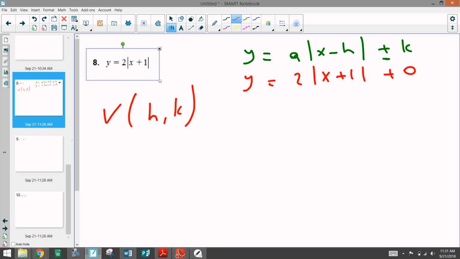So h, here you go. H is this. It's negative, sorry. Okay, here's the shortcut. It should be negative 1. Once you see h here, you'll just get the opposite number.